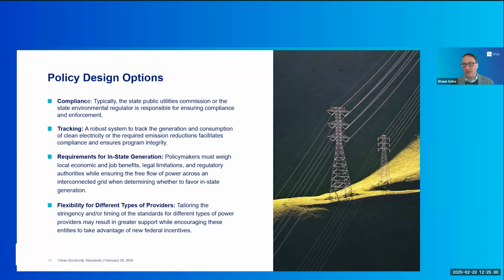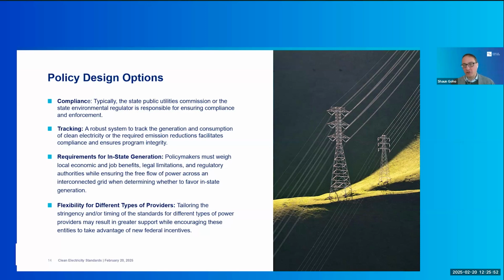One thing we have seen in some states as somewhat of an intermediate position is that instead of allowing compliance through purchasing RECs, renewable energy credits, that are from anywhere in the country, sometimes they're limiting them to electricity generated just within the RTO or ISO in which the state is located.